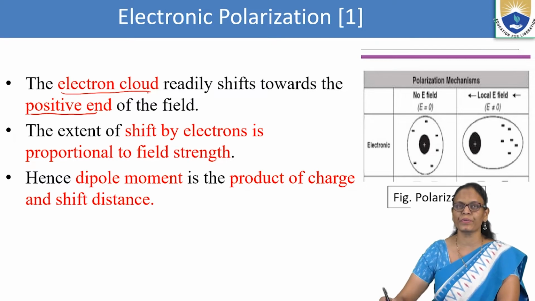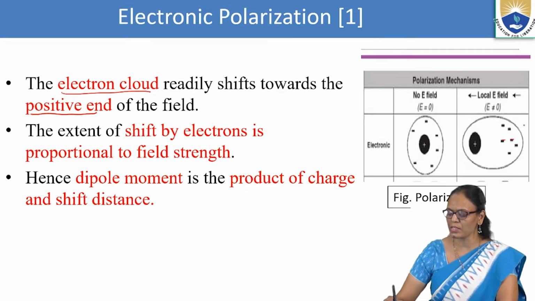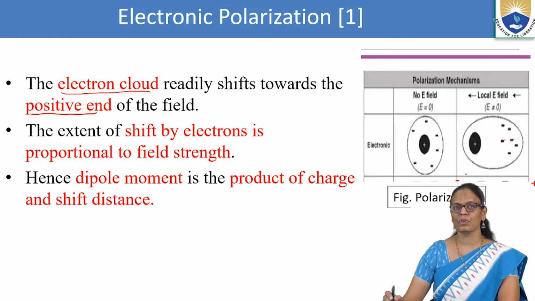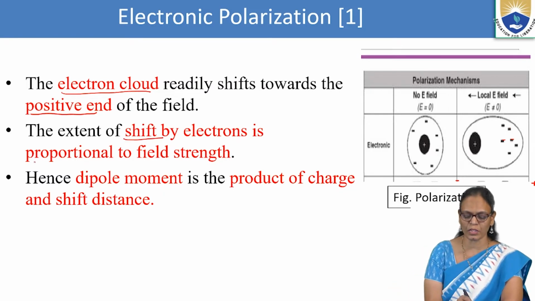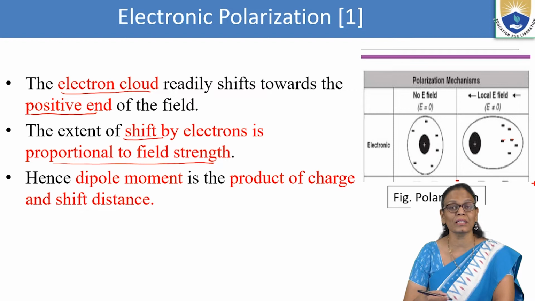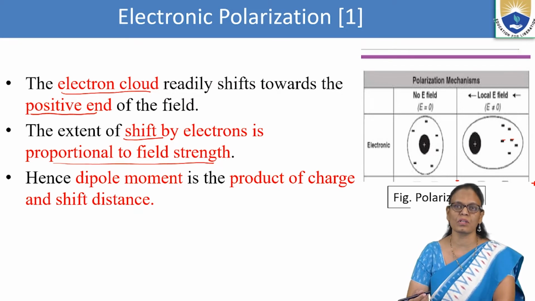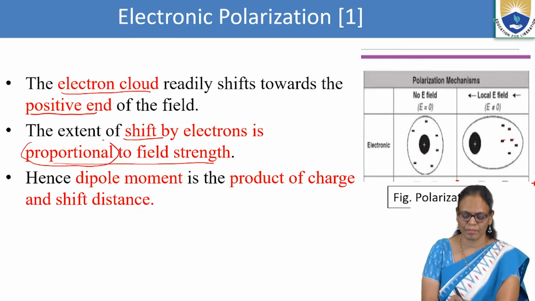I already told you this point: the negative charge is on the positive side of the electric field and the positive charge is on the negative side. The extent of this shift by the electrons depends upon the field strength, meaning the applied electric field. If the intensity of the electric field applied is more, the shift is also more. So what we say is they are proportional.